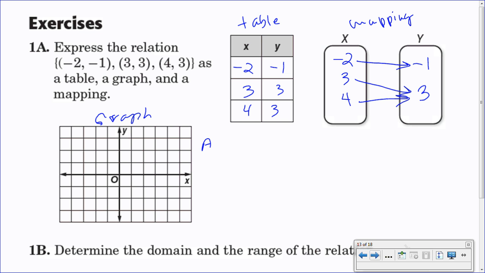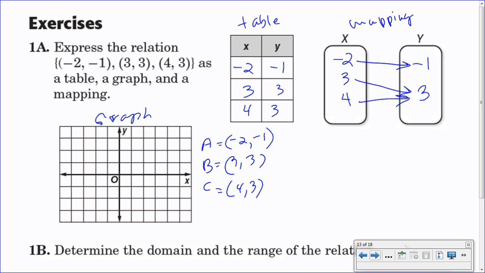How many points do I have? 3. I'm going to have 6 numbers from 3 points. My first point is (-2, -1).